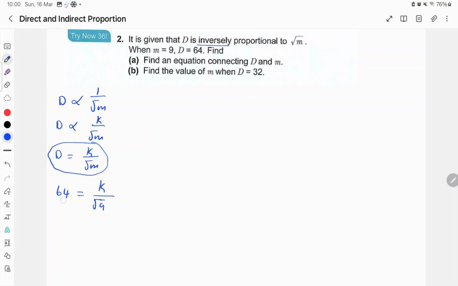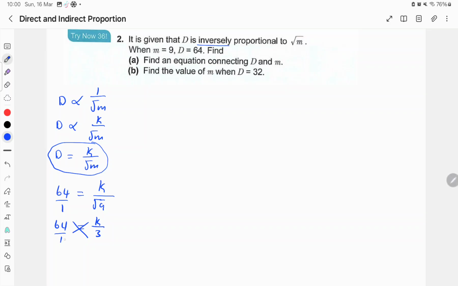Then you make this one over 1. From there, the square root of 9 can be worked out. We know the square root of 9 is equal to 3 over 1. Then you cross multiply to solve for K. Although they did not ask for K, you still have to find K, because only then can you find your equation.